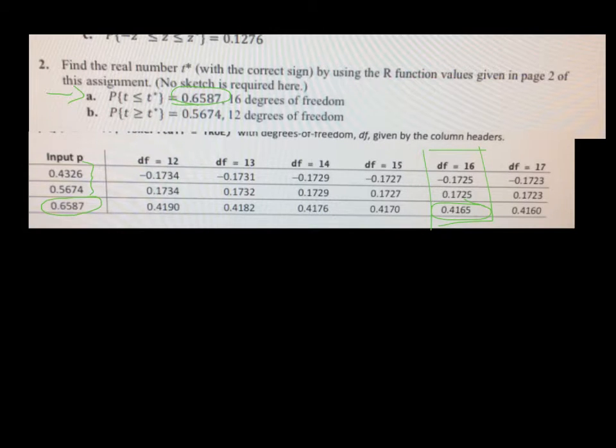And so 1 minus 0.5674 is 0.4326. So if you're looking for a t-test and you're looking for all the values below that, and you want it to be 0.5674, it's interesting.